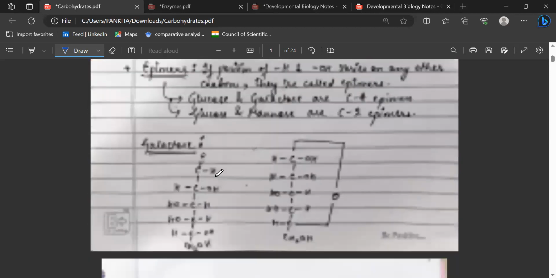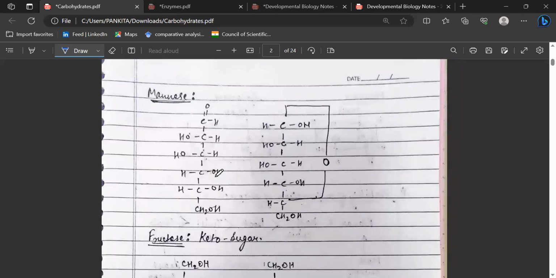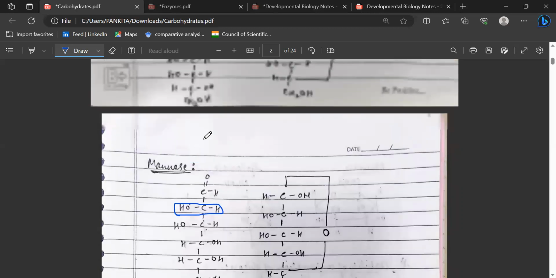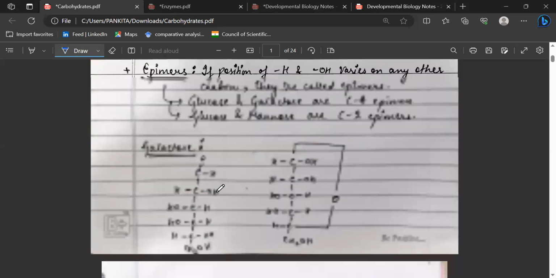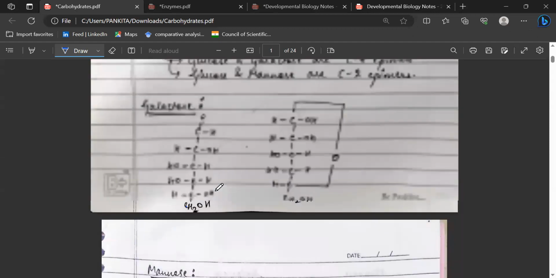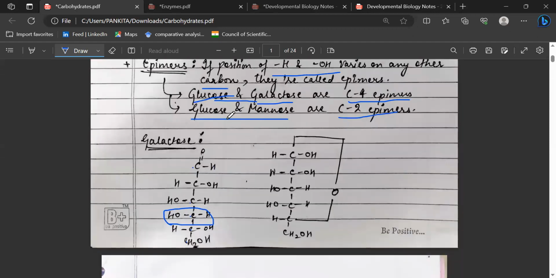And again, if we compare the mannose structure with that of glucose, they are C2 epimers, which shows that the OH group of mannose on carbon number 2 is on the left side, whereas the OH group on glucose at carbon number 2 is on the right side. The rest of the structure is the same. So these are epimers. Glucose and galactose are C4 epimers. Glucose and mannose are C2 epimers.